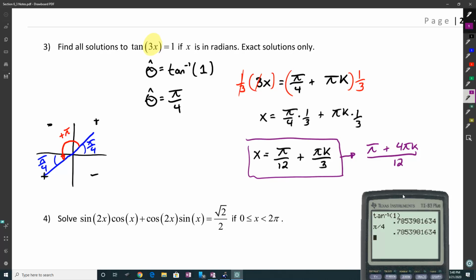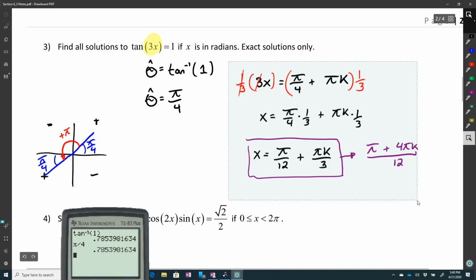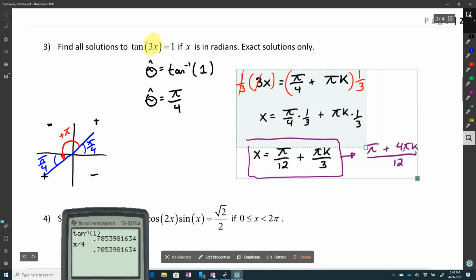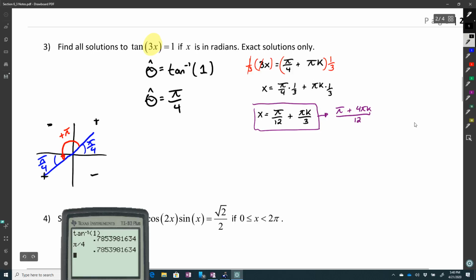Now, if they wanted all the answers in the first quadrant, so we're done with the question, but if instead they wanted only the answers between 0 and 2 pi, what you would do is just plug in numbers and keep on plugging in numbers until you get there.